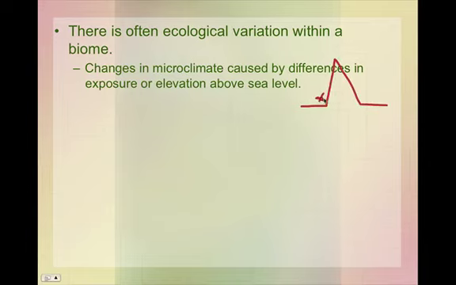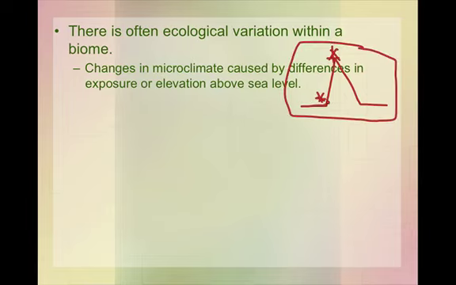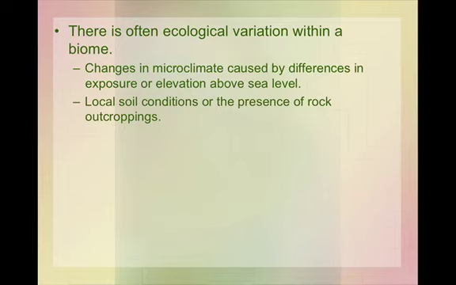The temperature at the base of the mountain is going to be much different than the temperature at the peak of the mountain. So this is one particular area, but you're going to have a different climate down here, then you're going to have a different climate up at the top. Local soil conditions or the presence of rock outcroppings is also going to change the ecological variation.